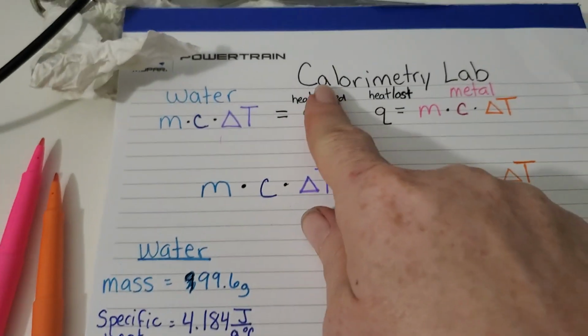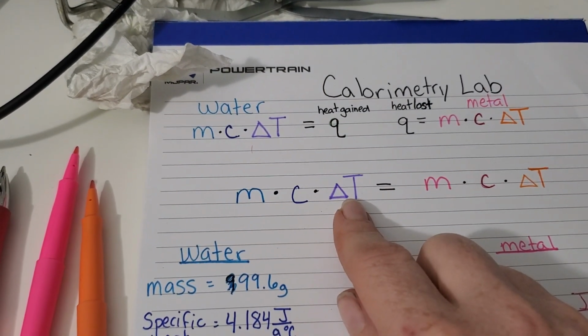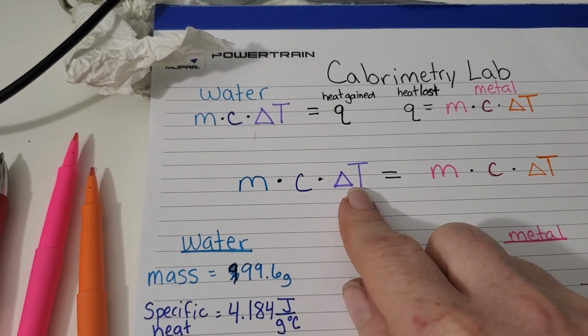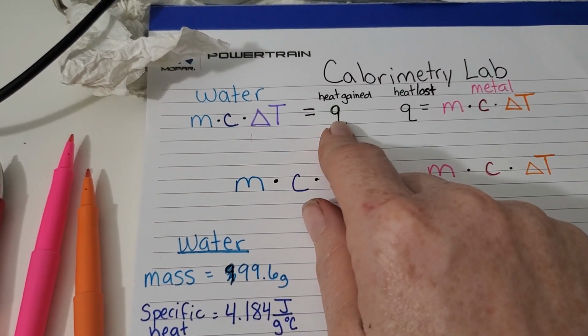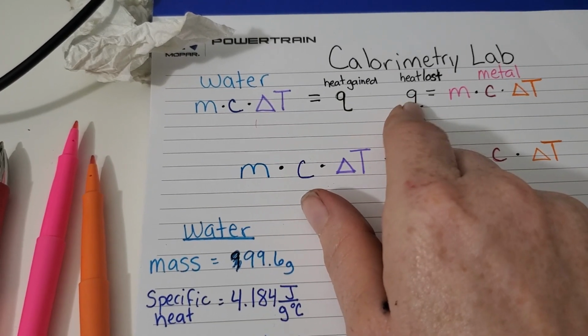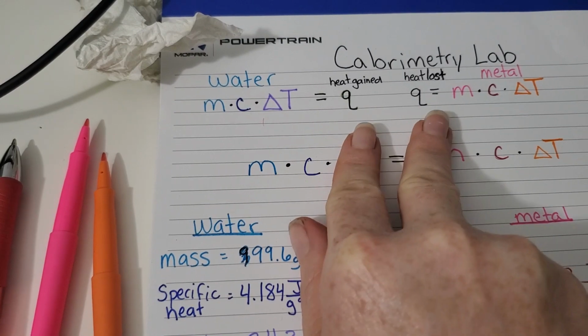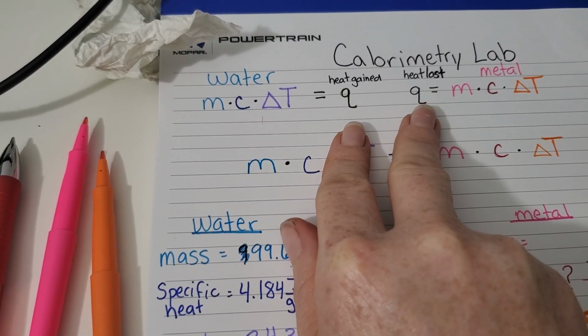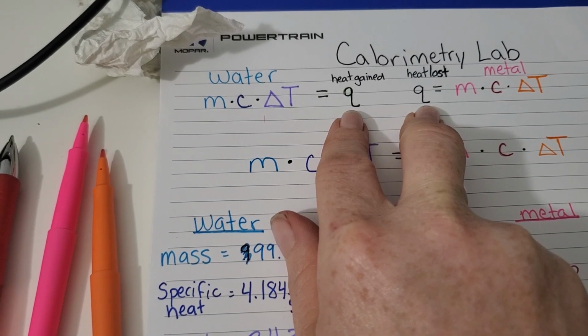So for the calorimetry lab, usually when we do our change in temperature, we do final minus initial. But we know the one gaining heat is going to have a positive Q value, and the one losing heat is going to have a negative Q value. So the number is equal, but the signs are opposite. The heat lost is negative, the heat gained is positive.